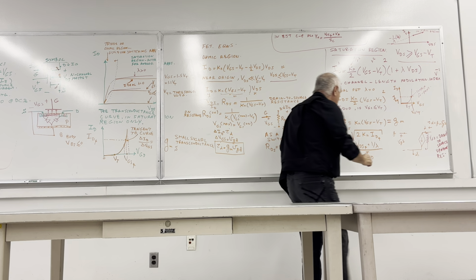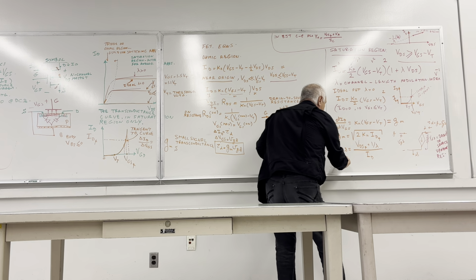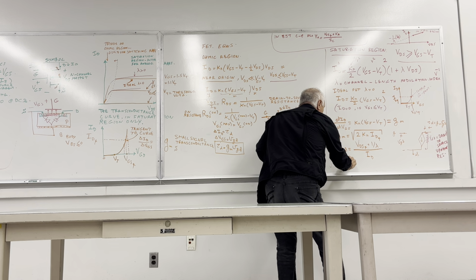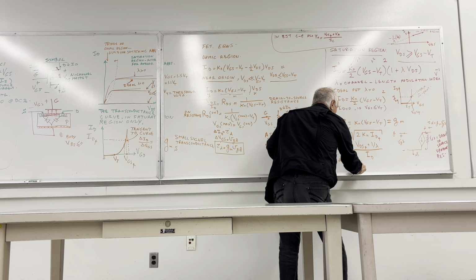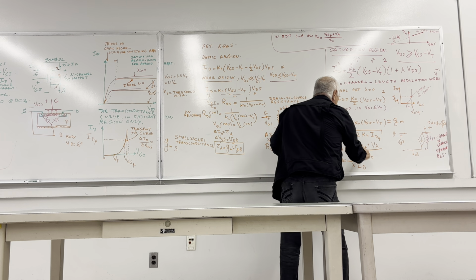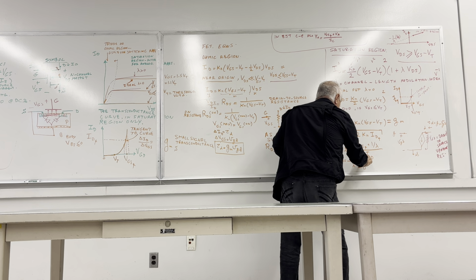Which translates into RDS equal to 1 over lambda ID. You know, these are what textbooks are using. Lambda ID, and also 1 plus lambda VDS. There we are.